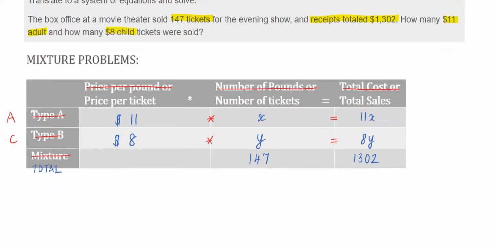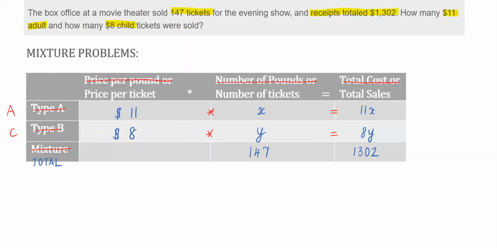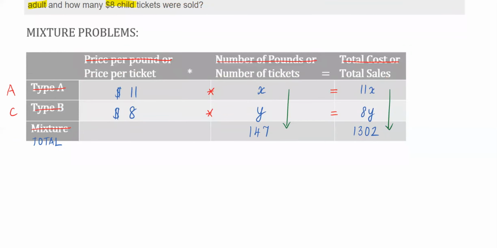Okay. So we got the last two columns filled. You need two equations because you're talking about a system here. The two equations are obtained by adding the last two columns vertically. So we have x plus y, the number of adult tickets plus the number of child tickets, equal to 147.